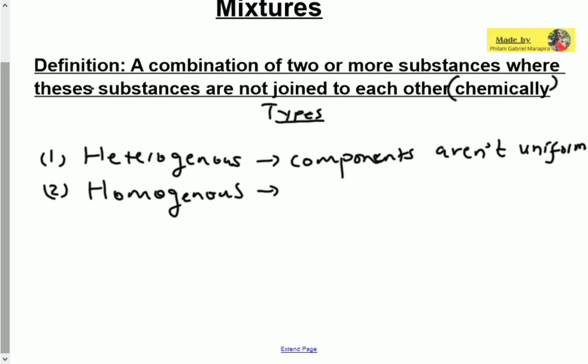The sugar dissolves in water and then you wouldn't be able to identify between urine and sugar water because they actually have the same color. You'd be confused on what to drink because they're the same color. So the components are not identifiable in a homogeneous mixture. So the components are uniform.